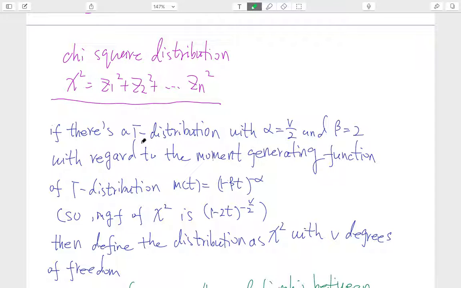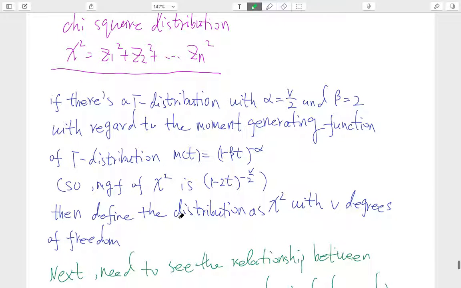And you just substitute this alpha and beta with the detailed numerical data, and then you can find out the moment generating function of a chi-square distribution. What it looks like.